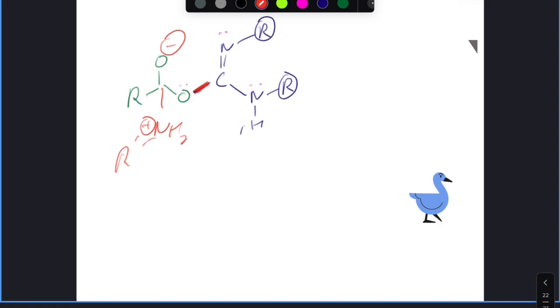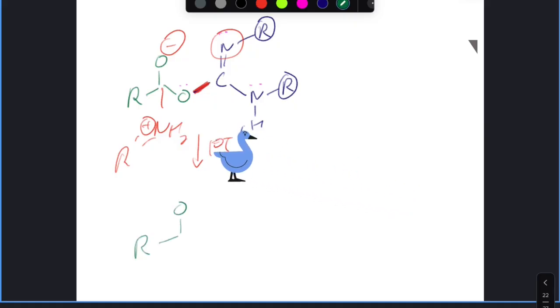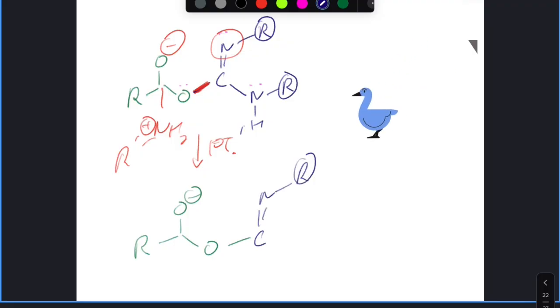Notice that, as far as a leaving group over here, we've still got this other center that we have to actually protonate. So we're going to undergo a proton transfer reaction. Let's get it back to just, let's say, the anionic system. So we're going to have our O minus, O, C double bonded to nitrogen, R, and our N, R, H.